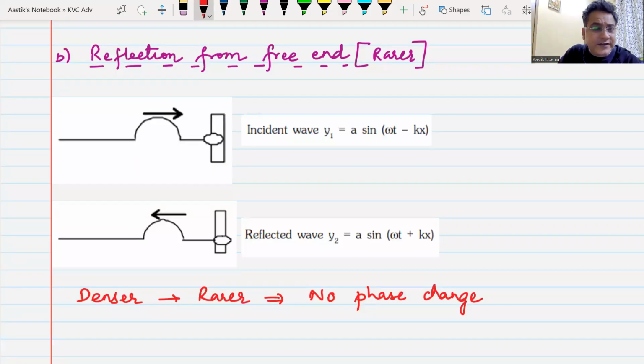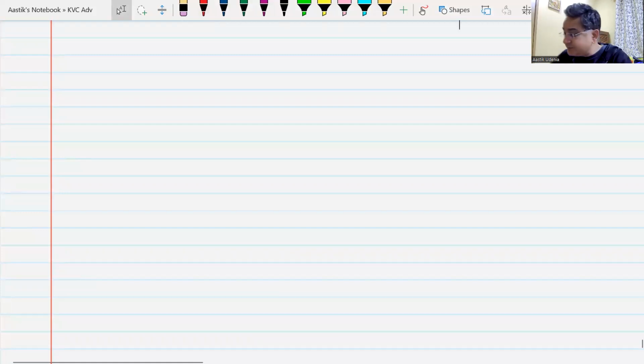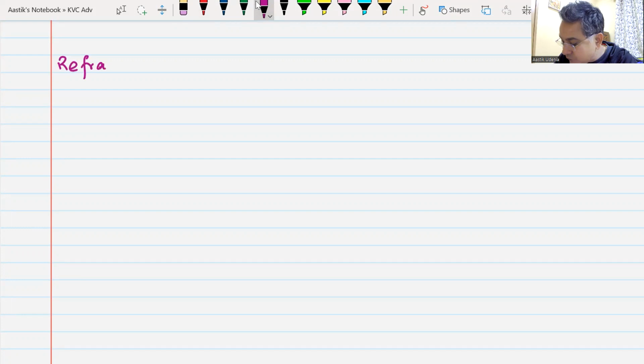This was about reflection from a rigid end and reflection from a free end. Now we move on to refraction, or transmission.